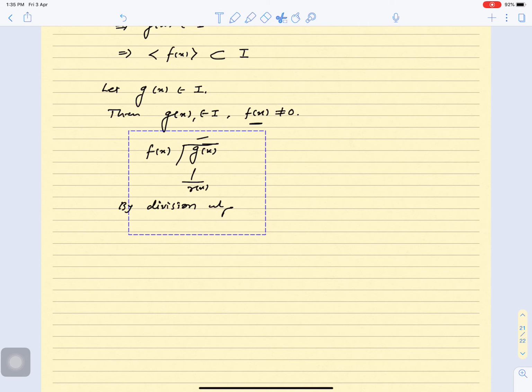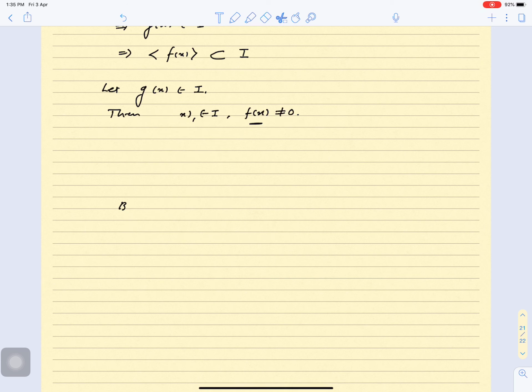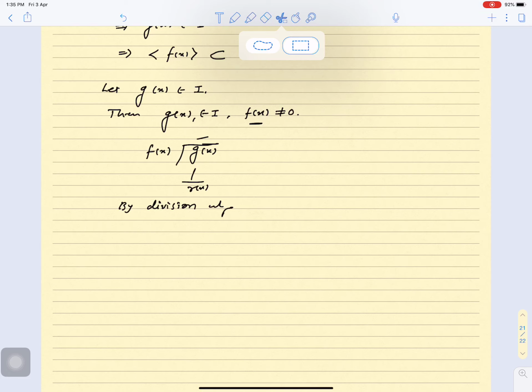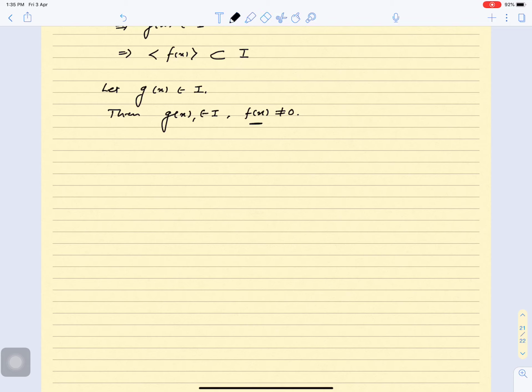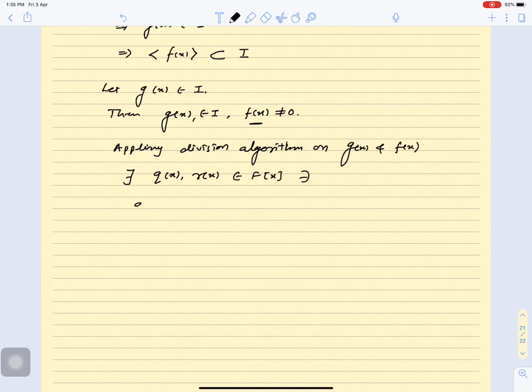So applying the division algorithm on g(x) and f(x), there exist some q(x), r(x) belonging to F[x] such that g(x) is equal to f(x) into q(x) plus r(x).